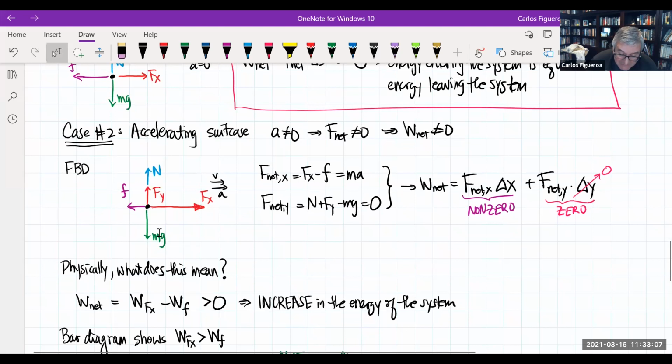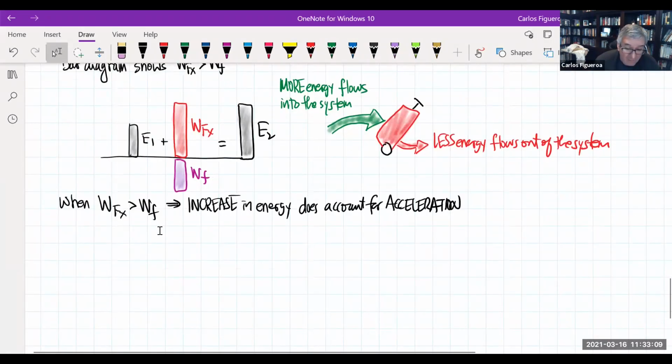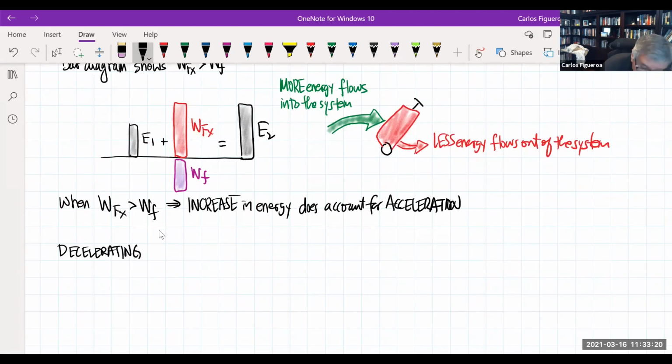What happens when it's decelerating? So now what I'm seeing here is that if I have a decelerating suitcase, then that tells me that the acceleration is negative. If the acceleration is negative, that means that the net force must be negative.